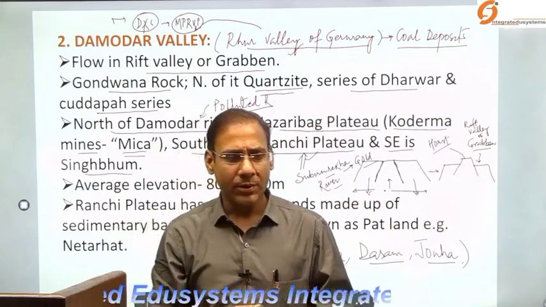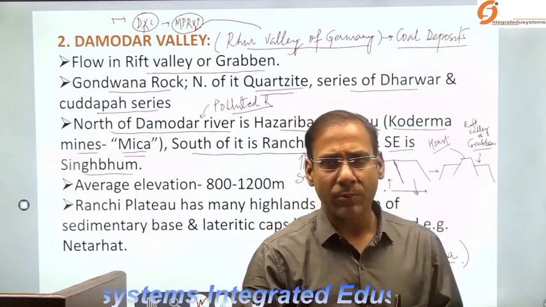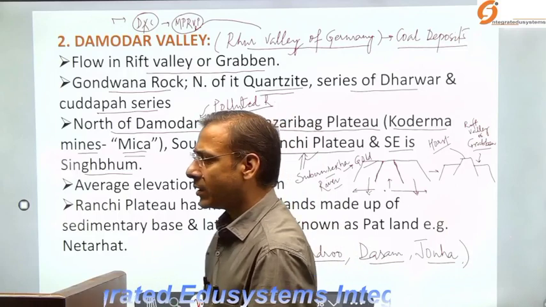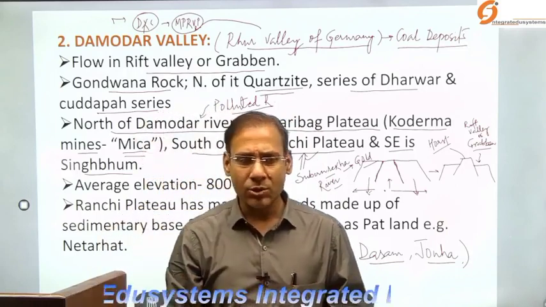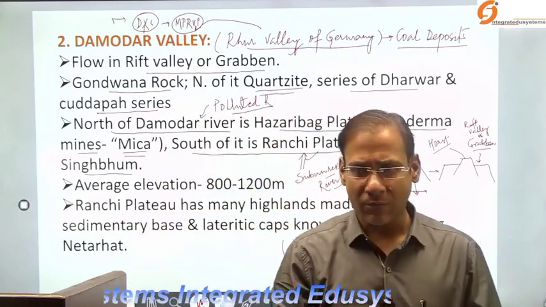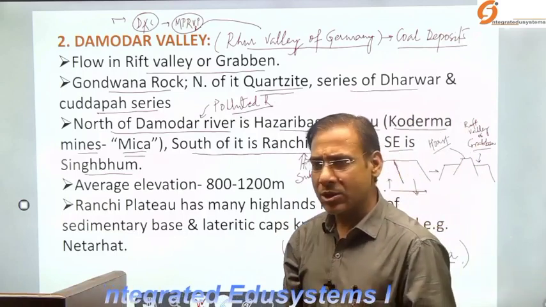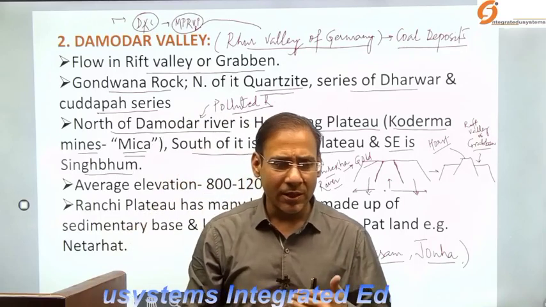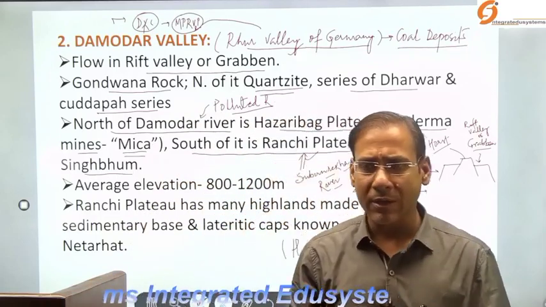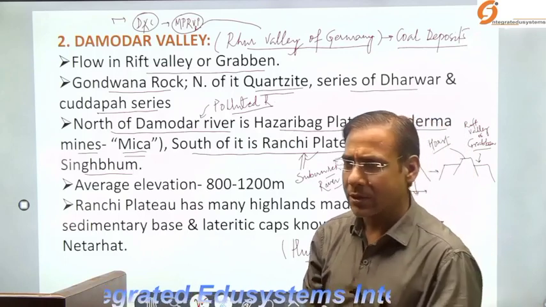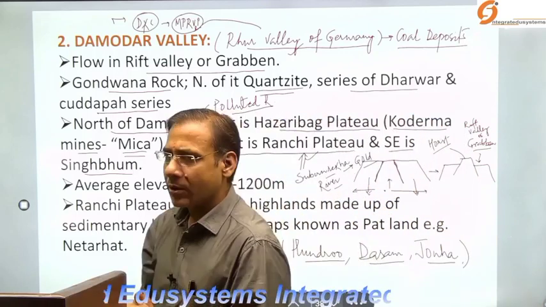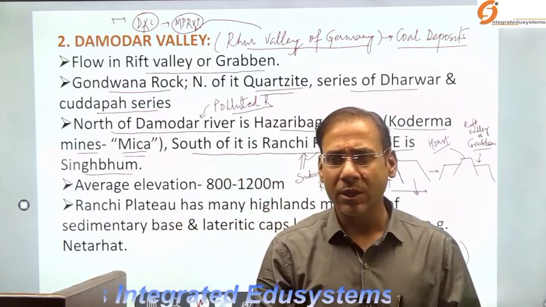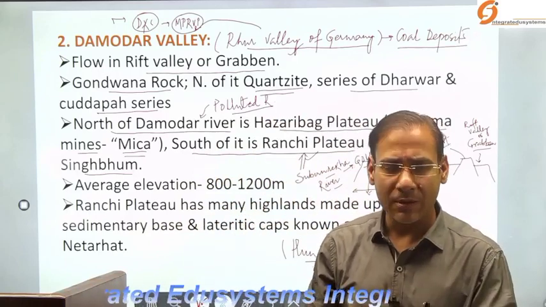The purpose of the dam is to provide water supply not only for potable drinking water but for irrigation also, as well as to generate electricity. Why we built the dam on the Damodar and its tributary? To generate electricity, to supply water for irrigation, supply water for industry, as well as for potable drinking water. That's why we call this project a multi-purpose river valley project.